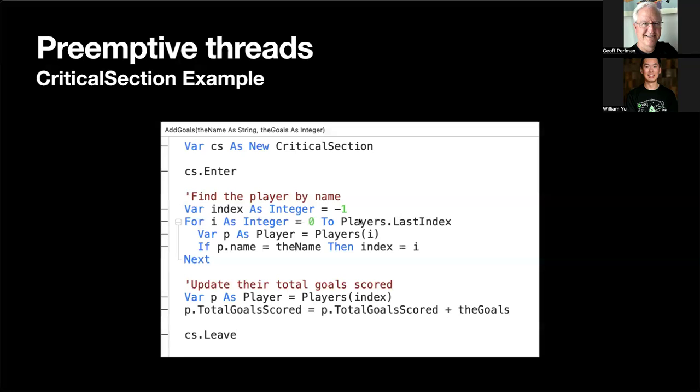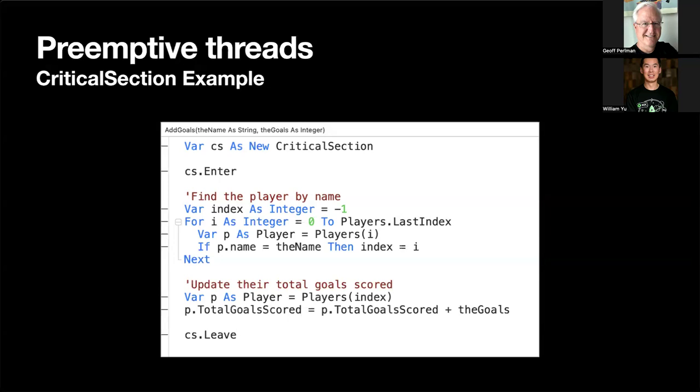When enter is fired, it looks to see whether there are any other critical sections running in any other threads. If there are, it will wait at that point for those others to clear before it enters. So only one thread can be in a critical section at a time. That's how you protect yourself from having multiple threads modifying the same data.